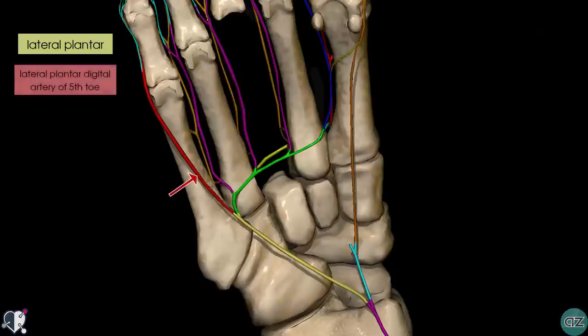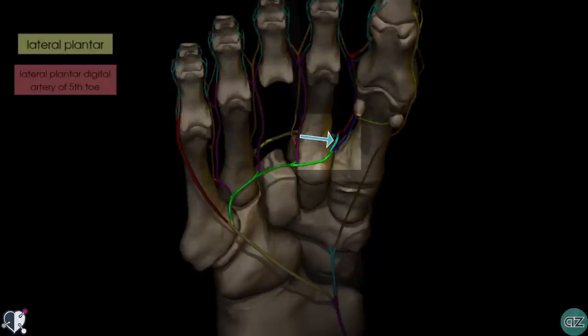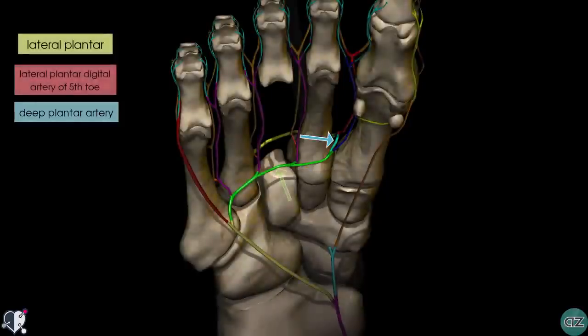If I just rotate the model around slightly again, we can return to see the artery here highlighted in the light blue colour. This is the deep plantar artery from the dorsalis pedis artery, and this joins this branch highlighted in green of the lateral plantar artery to form the plantar arch.